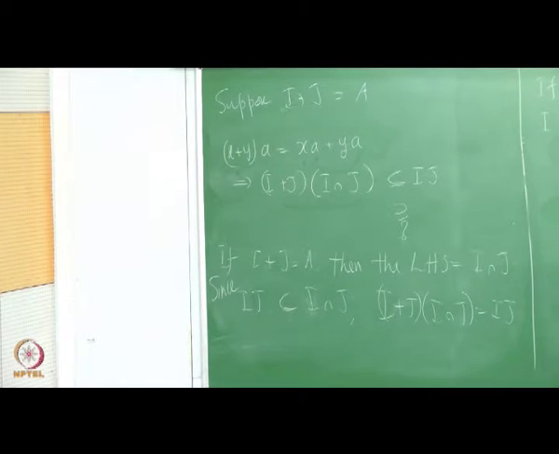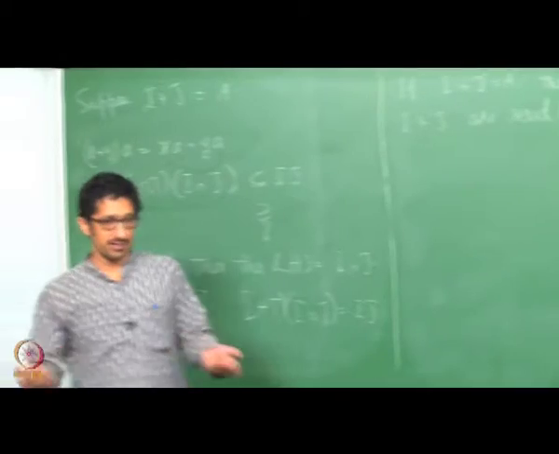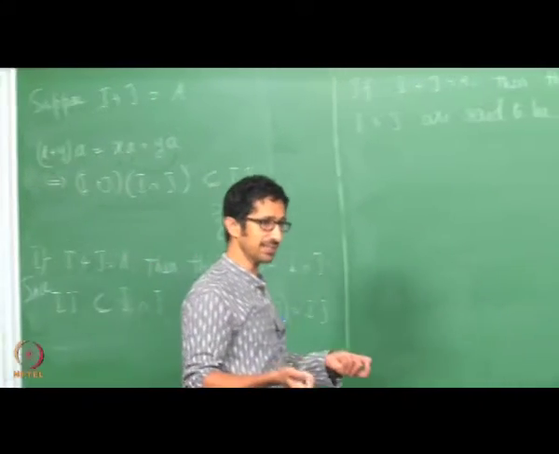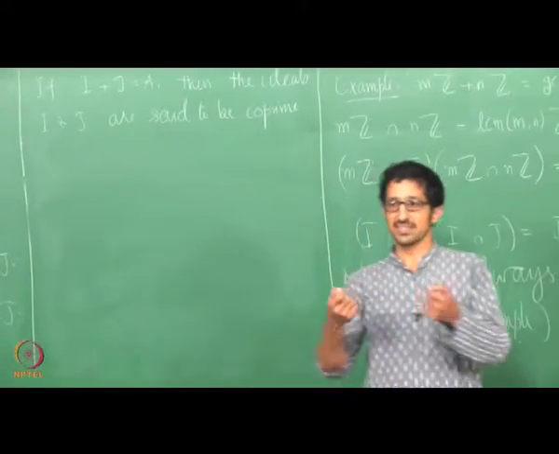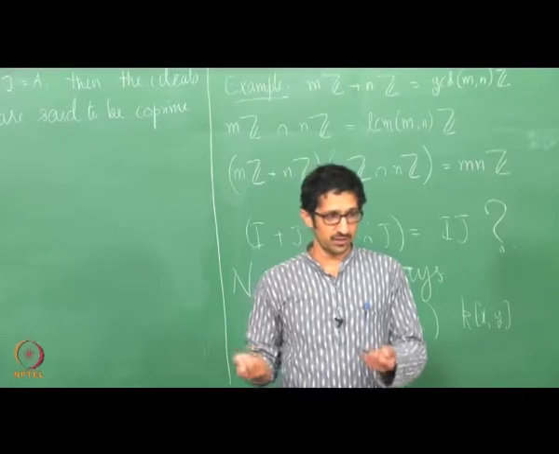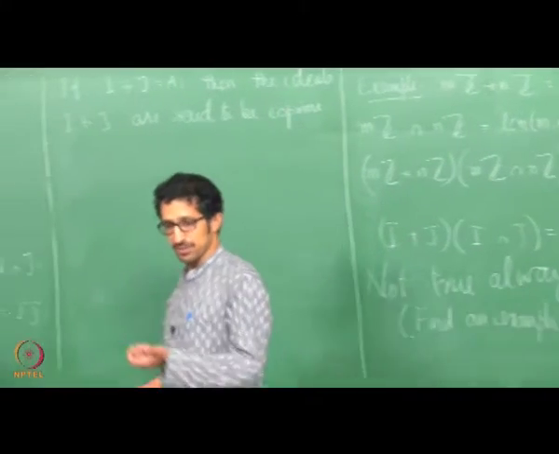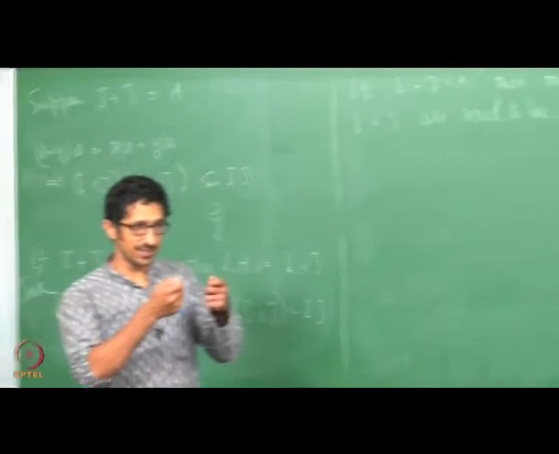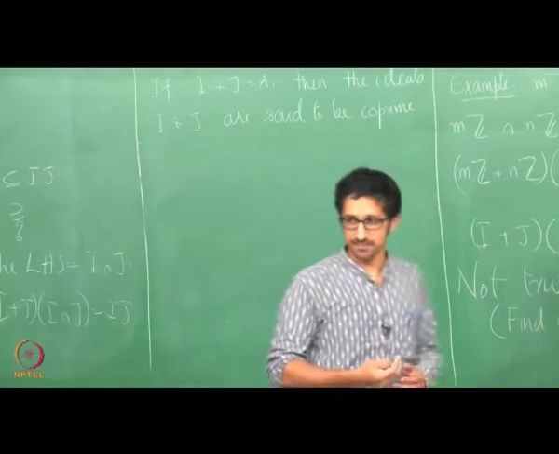When you say two integers are co-prime, there are no common prime divisors, or their GCD is 1, or in other words, take two integers m and n, the ideal generated by m plus the ideal generated by n is the whole ring, and that is exactly what we have.